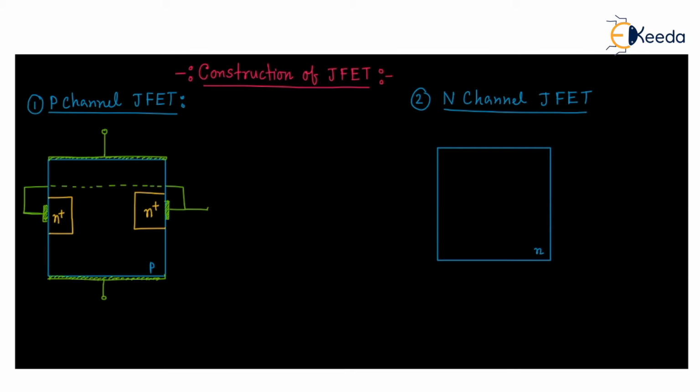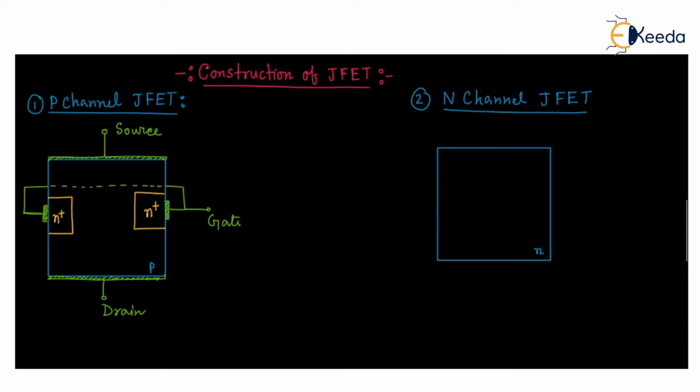These two N plus regions will be connected with each other from the backward way. So these are the three terminals of the device: this is the source terminal, this will be the drain terminal, and this will be the gate terminal. This is the cross-sectional view of a P-channel JFET.